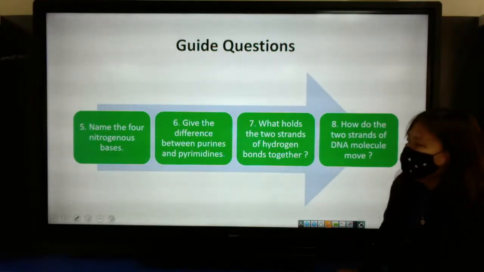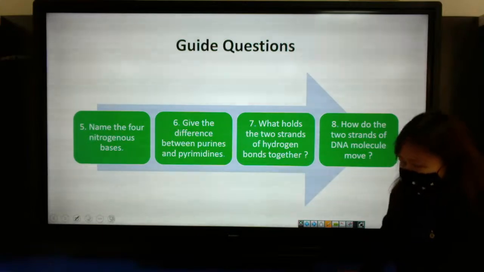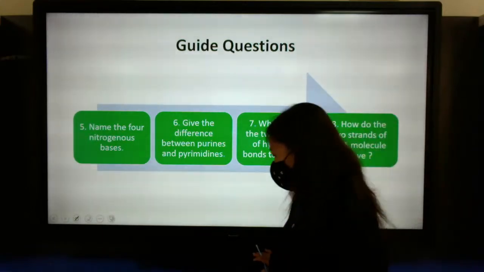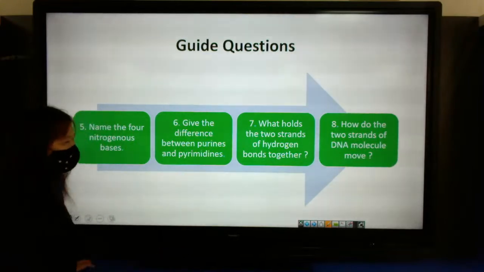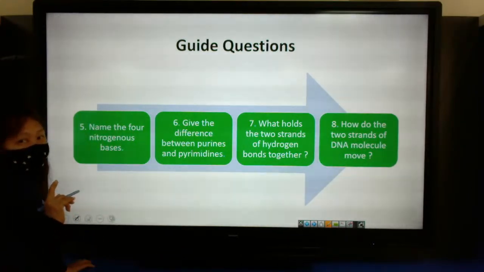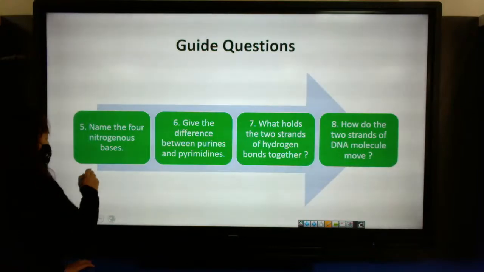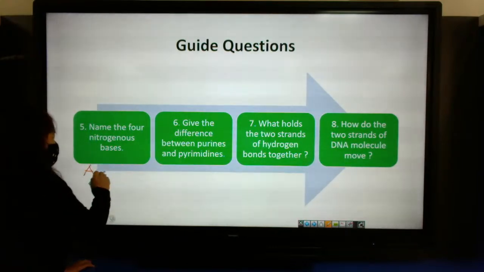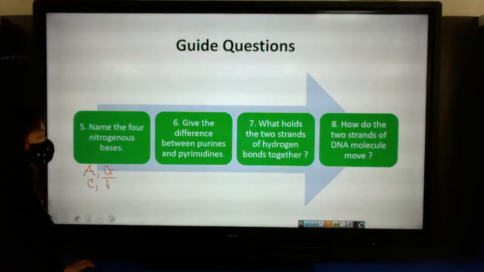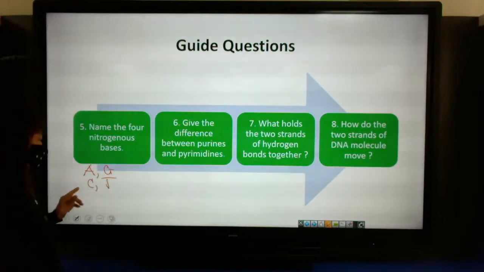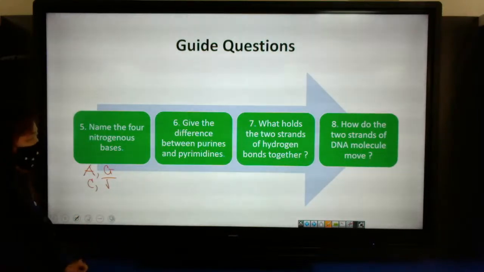Let's move on to number 5. Name the 4 nitrogenous bases. Now, I'm not going to write the full name here, but I'm going to write the letters that symbolize them. So we have adenine, guanine, cytosine, and thymine.